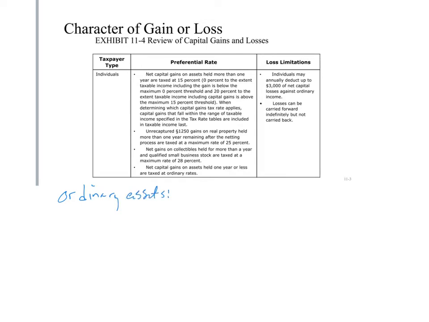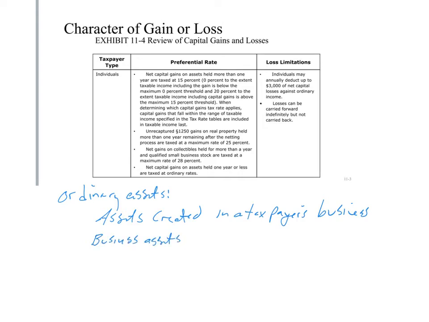ordinary assets. You've got several examples of things that would be classified as ordinary assets: assets created in a taxpayer's business, business assets held for less than a year.